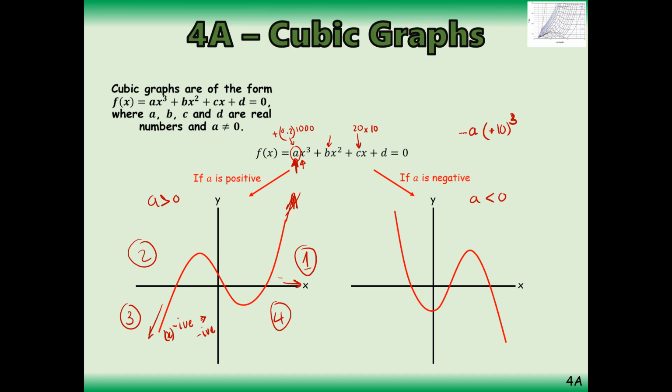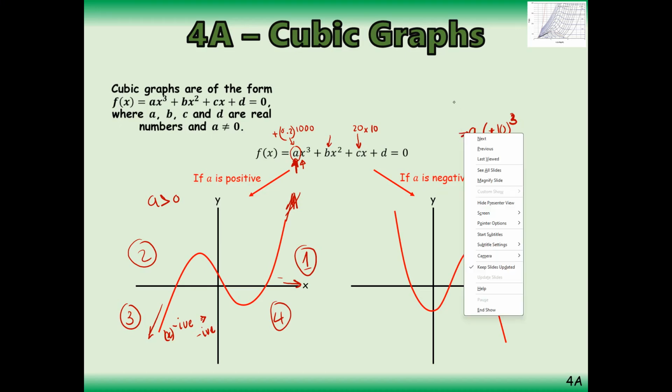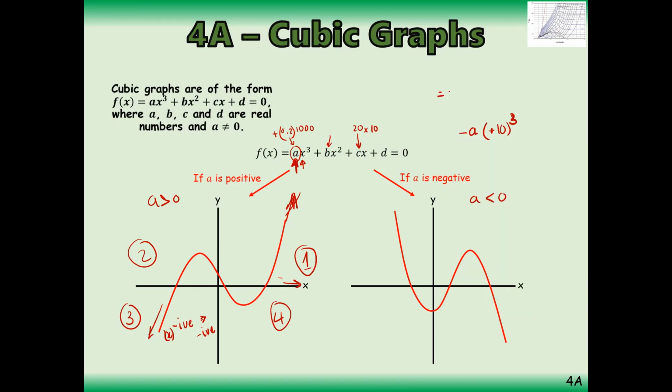Let's say a is minus 2. Minus 2 times 1,000 is going to be a negative 1,000. So that's why when x is positive, y will be negative. All right, that's why it ends up in this quadrant here. And when x is negative, y will be positive. That's why you end up in this quadrant here.